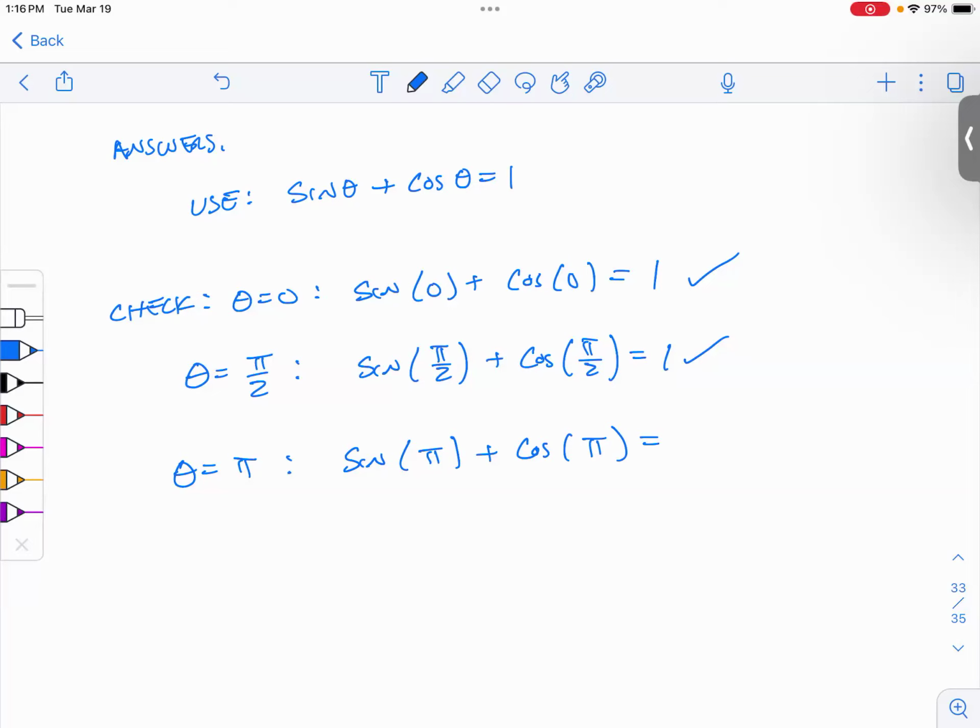Sine of pi is 0. Cosine of pi is... oh no. So that one didn't work.